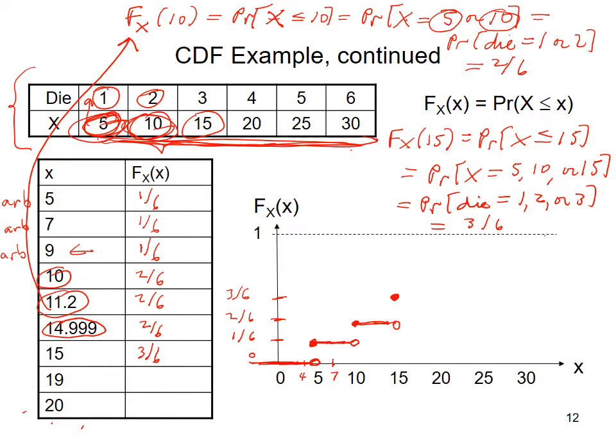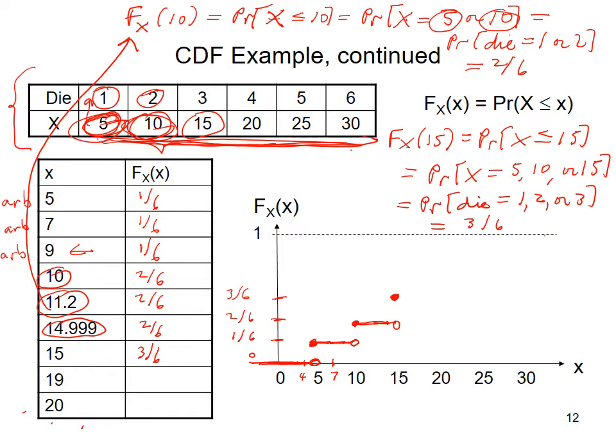Okay, now how many of these values you really need to go back and look at seriously in the definition depends upon you. I'm just going to point out that every time we hit one of these multiples of 5, like 5, 10, 15, 20, 25, 30, it's going to take a jump.